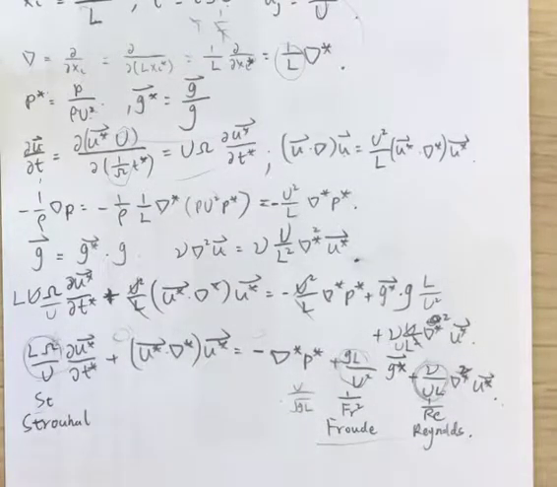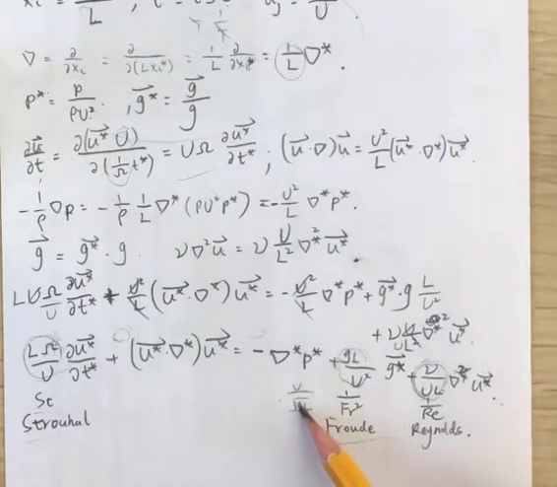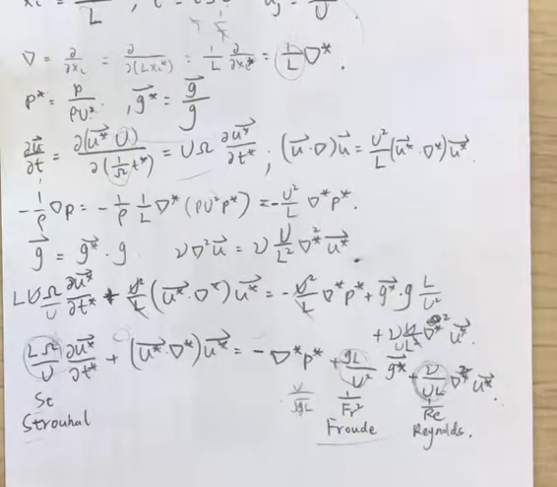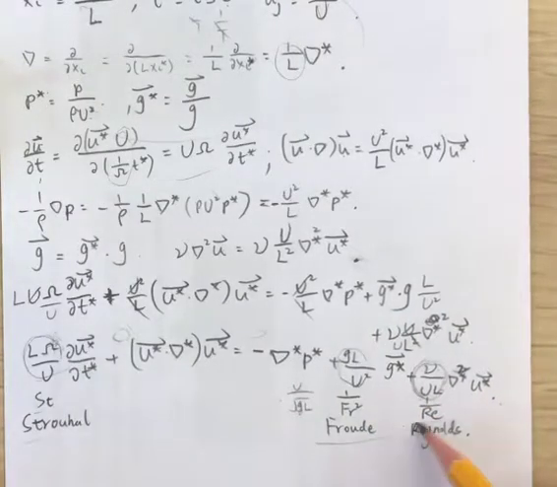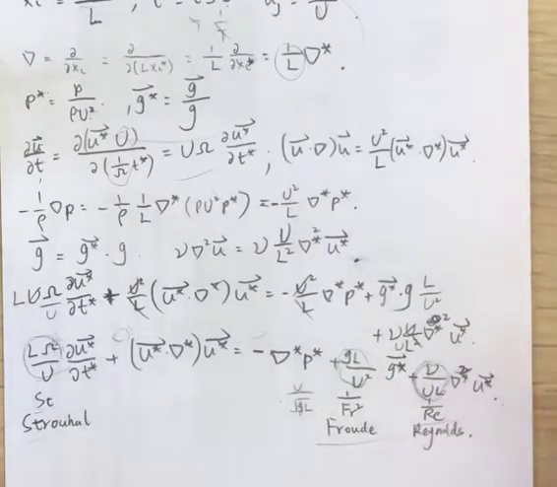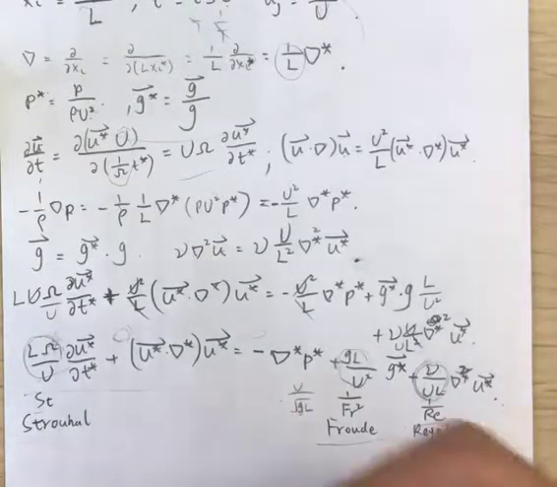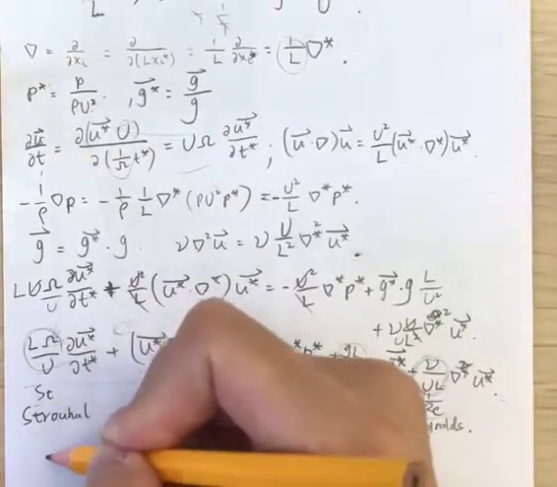When do we need the Froude number? If we have G, if we need to incorporate the effect of gravity, then we need to consider the Froude number. The Reynolds number, needless to say, when we have nu, when we need to consider the effect of viscosity. So as I have said just now, our final result incorporates most effects present in a fluid mechanics problem. So it's a very comprehensive form.